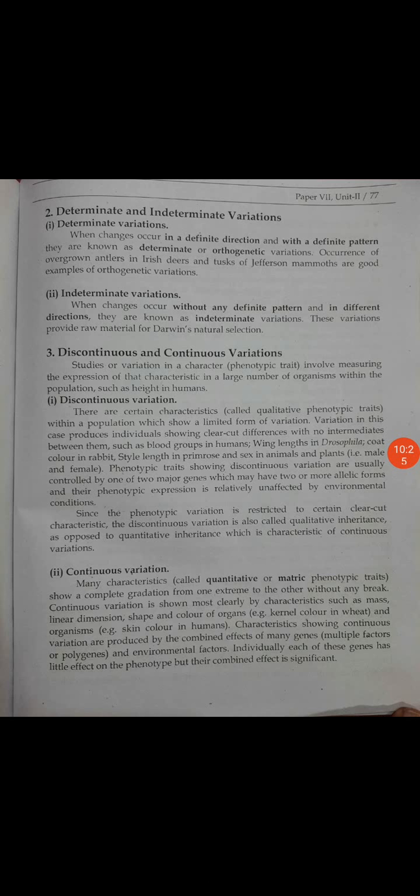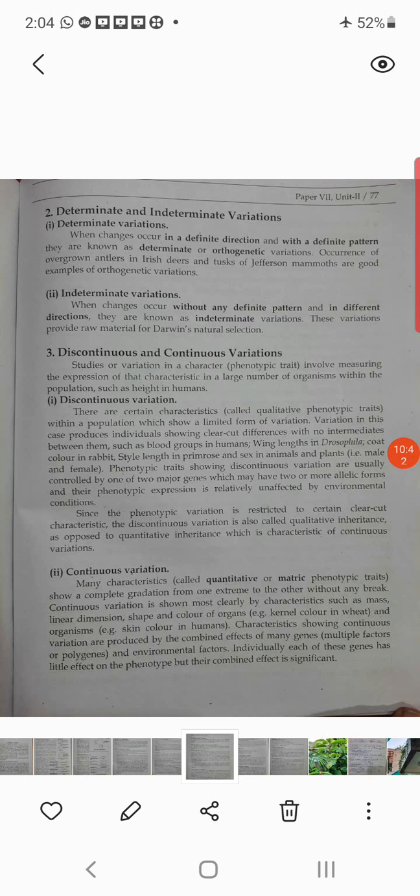Third one, discontinuous or continuous. Discontinuous: there are certain characteristics within a population which show a limited form of variation. Variation in this case produces individuals showing clear-cut differences with no intermediates between them, such as blood group in humans, wing length of Drosophila, coat color in rabbit, style length in primrose, and sex in animals and plants.